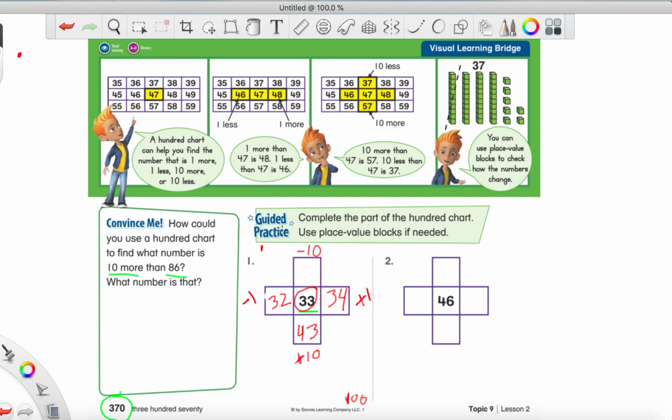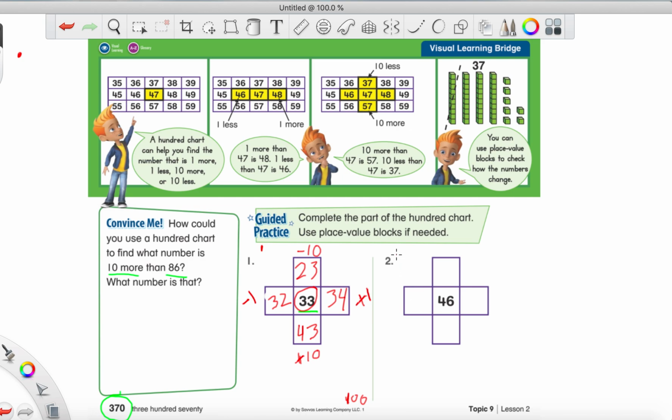So let's go ahead and write 23. And there you go. We filled in the whole plus sign. Well, our little plus sign shape. So 33, 1 less is 32, 1 more is 34, 10 less is 23, and 10 more is 43.